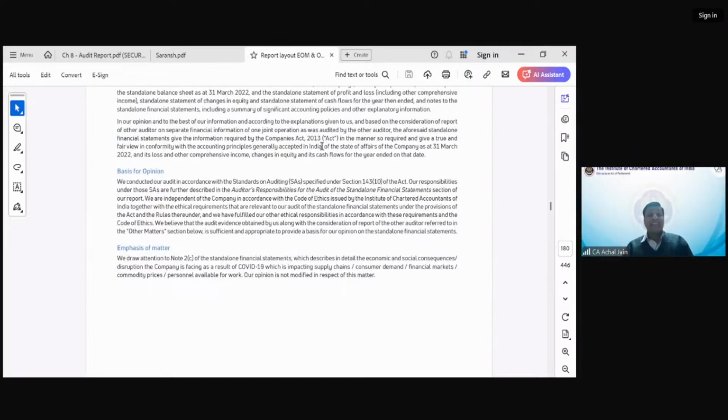Okay, so which means that EOM is not an opinion, number one. And if you have given an opinion, still EOM is required to be given. Yeah. So let's try to understand what it is that they are trying to convey.